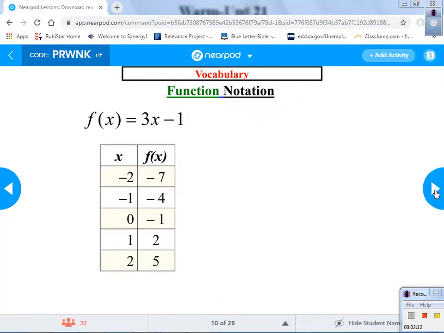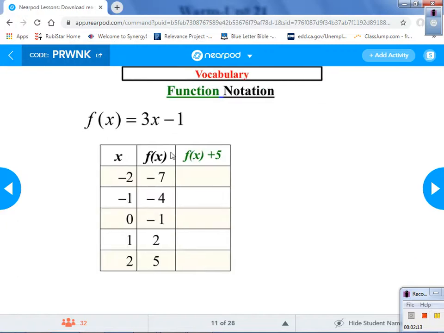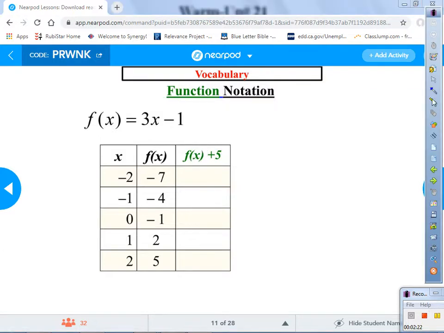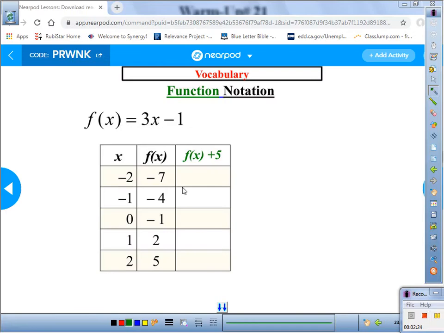All right, good. So from there, I said the book introduces the new transformation by adding a column. You guys remember that? And some of you got a little confused, but I was like, no, look at it like this. This is f of x, which means all of these numbers are what? f of x. So this is saying take f of x and add 5.